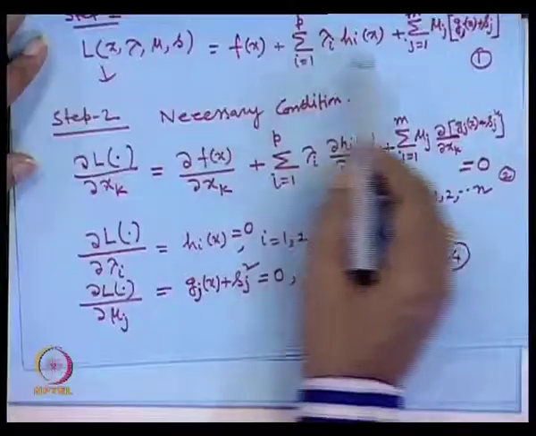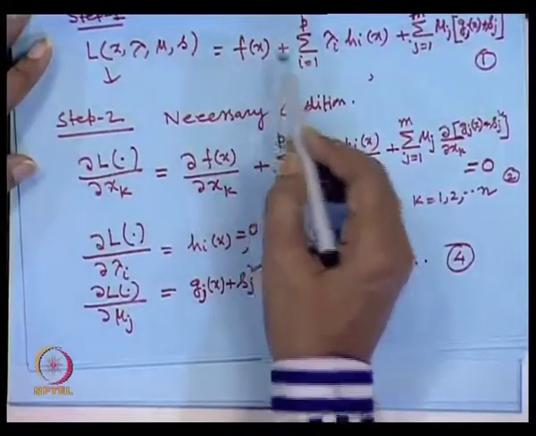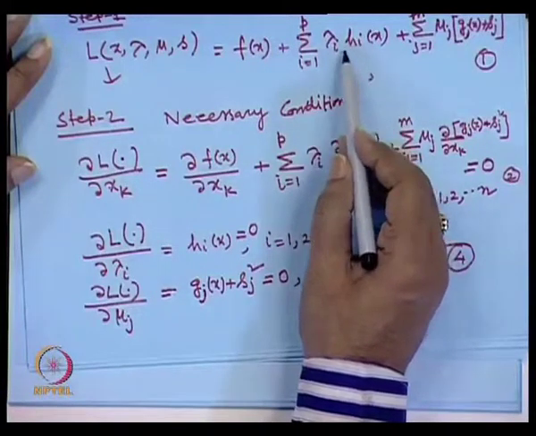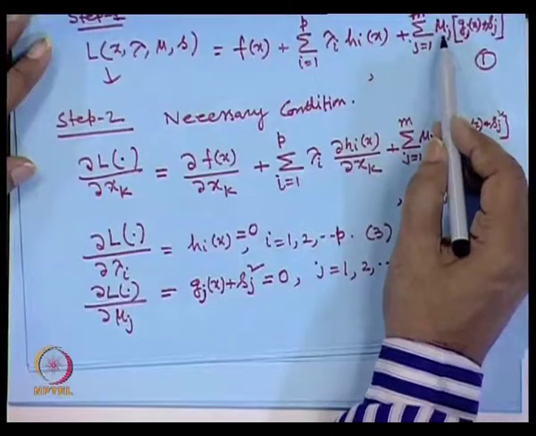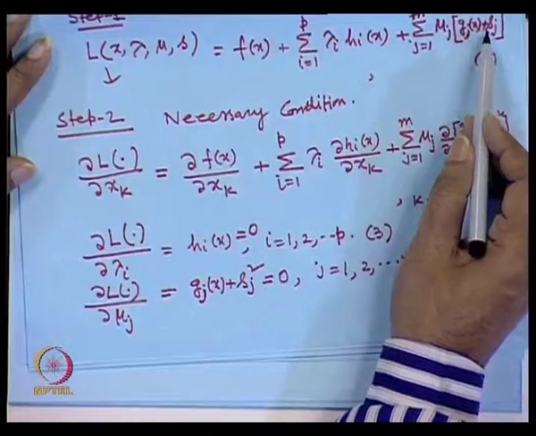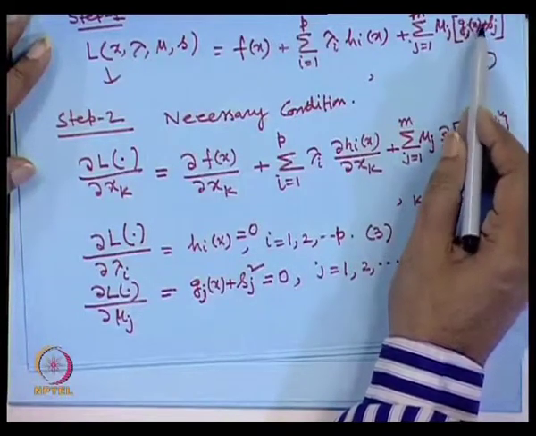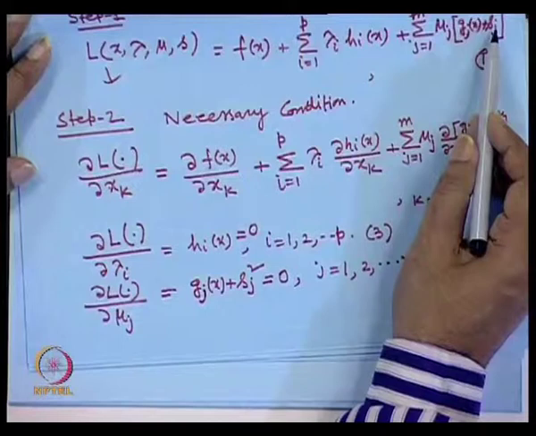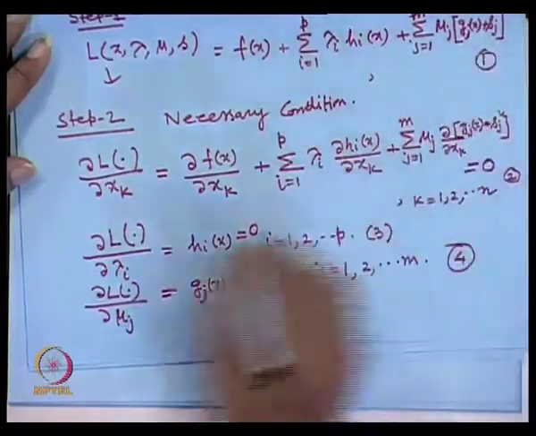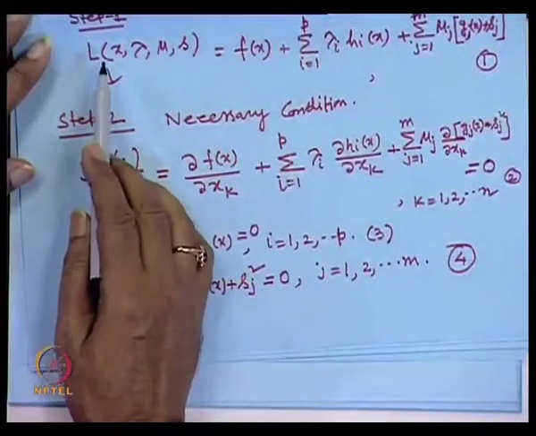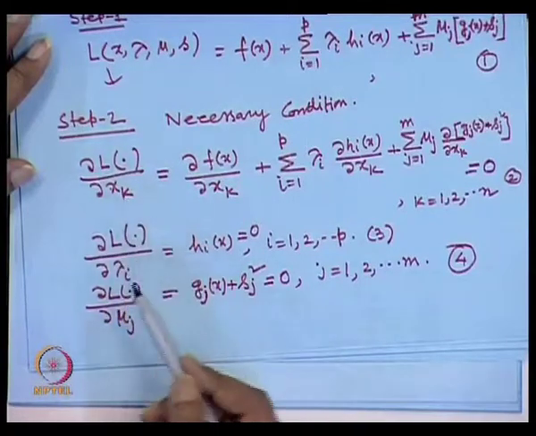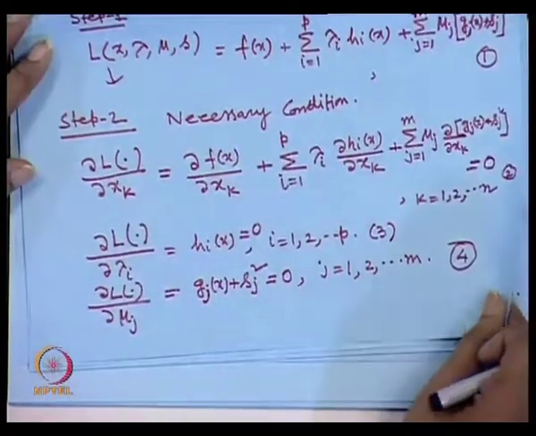This is the Lagrangian function we have considered, where this is the objective function, lambda i is associated with all the equality constraints, and mu i is associated with the inequality constraints. We converted the inequality constraints by adding a variable s i square to make them equality constraints. The necessary condition means the partial derivatives of L with respect to x k, lambda k, mu k are assigned to 0.